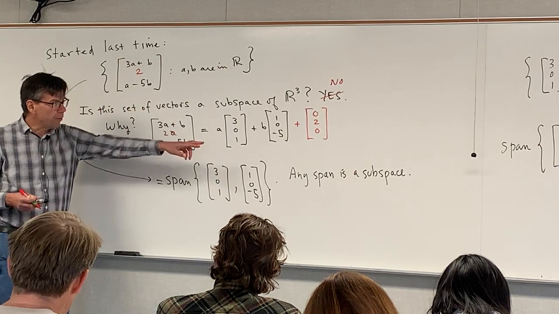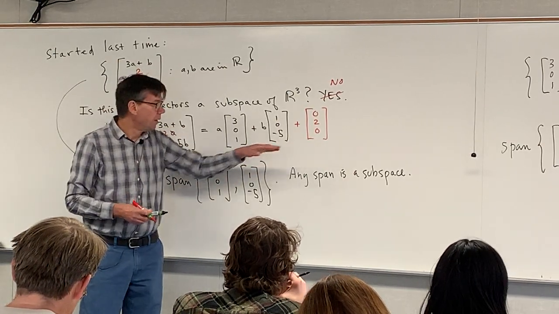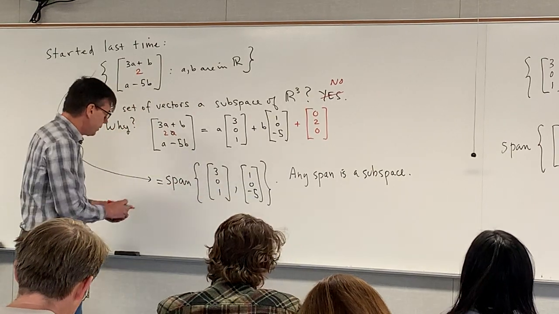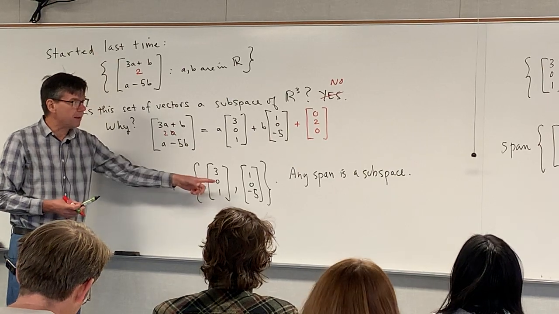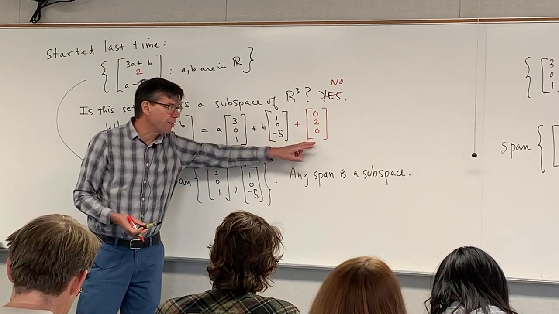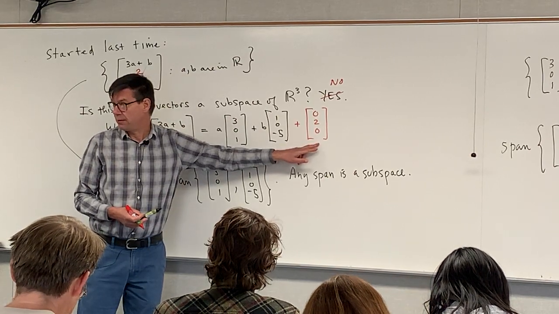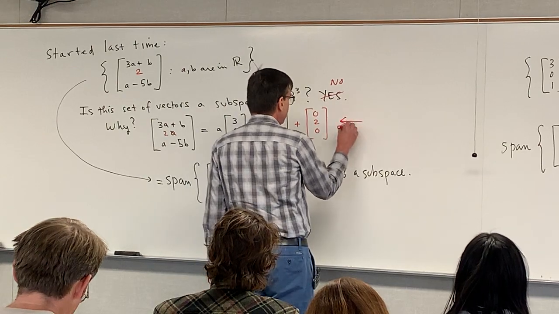But when you have to write a constant vector on the end, a non-zero constant vector, this description no longer works. You can't describe it as a span of vectors. It's a span of vectors with everyone getting this constant vector added on the end. So it's not a subspace anymore.